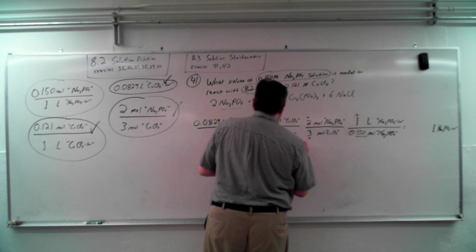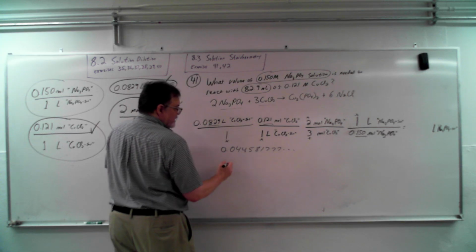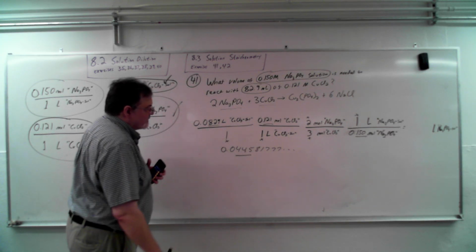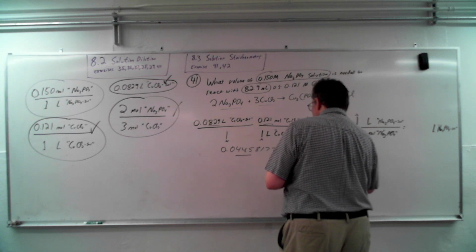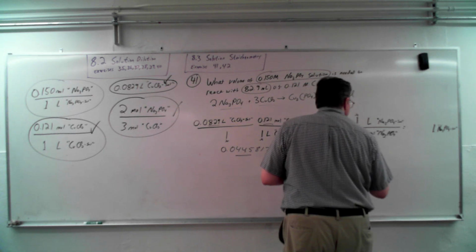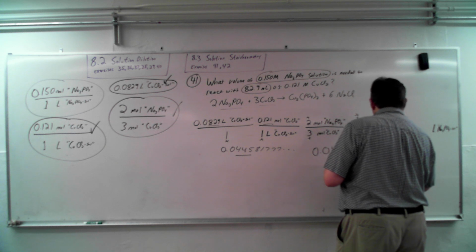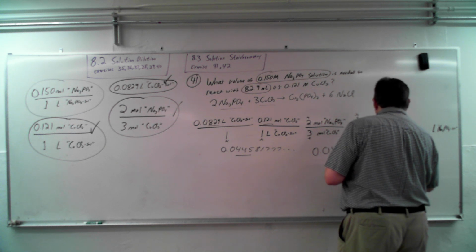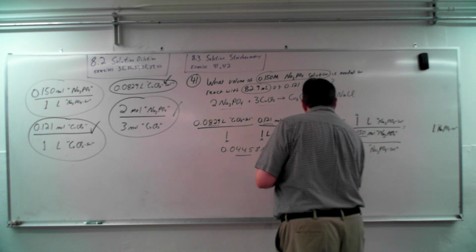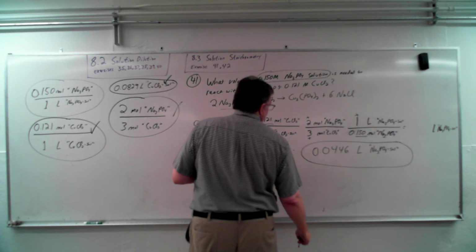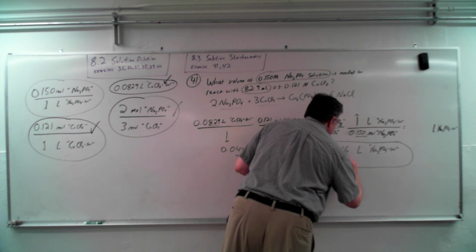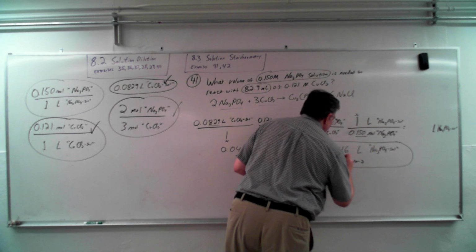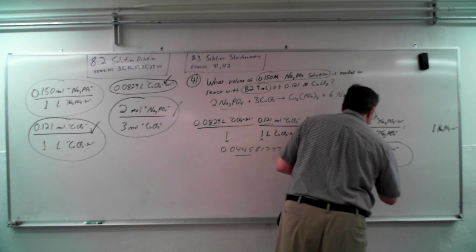So three significant figures, 3 and 3. So we need to keep 3. 8 rounds to 5. So we end up with 0.0446 liters. In scientific notation, that would be 4.46 times 10 to the negative 2 liters.